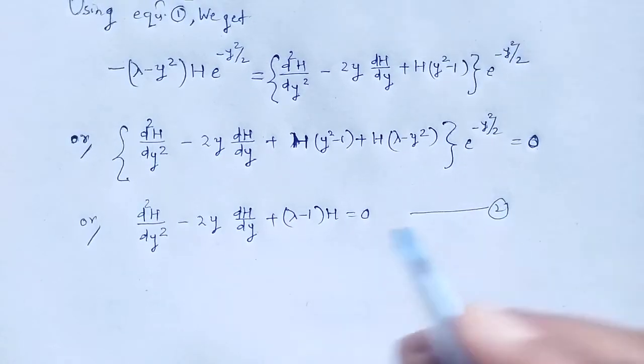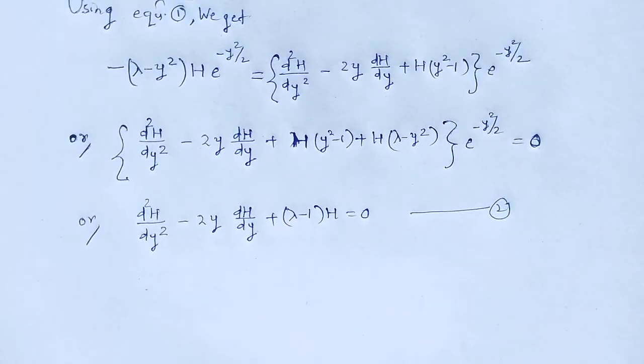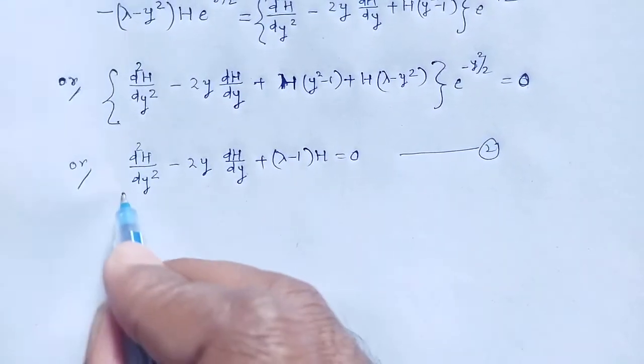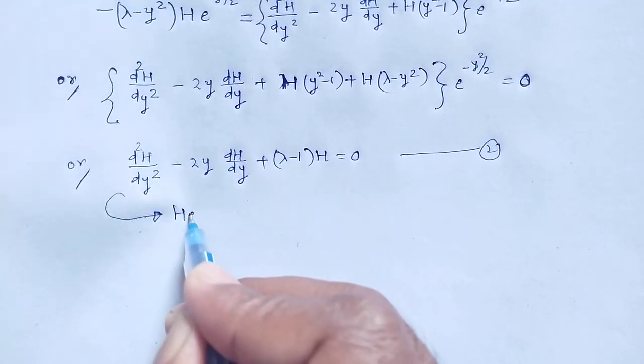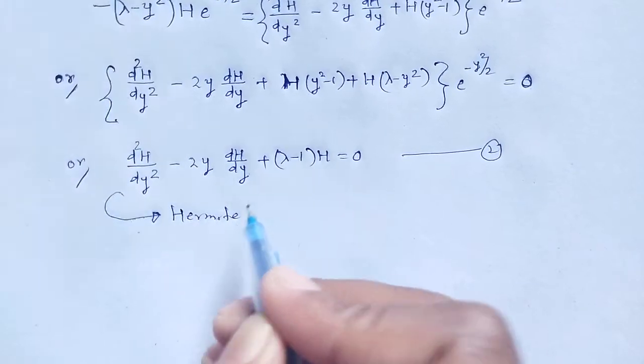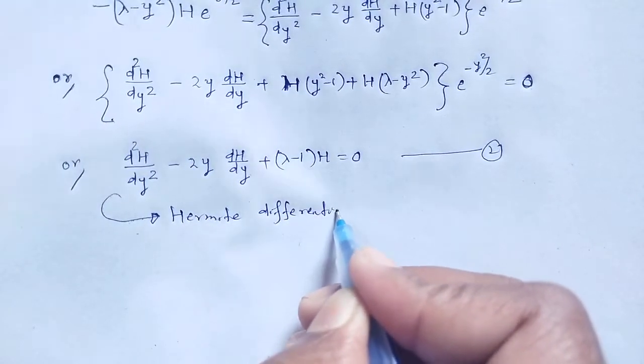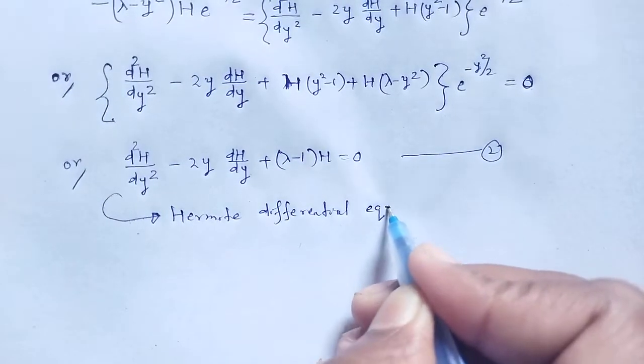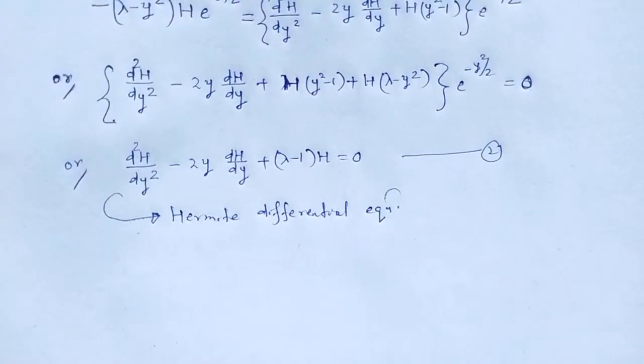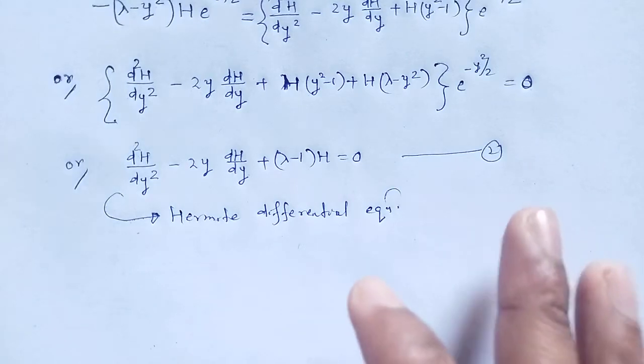Equation number 2. That type of differential equation is the Hermite differential equation. And its solution is in the form of a power series.